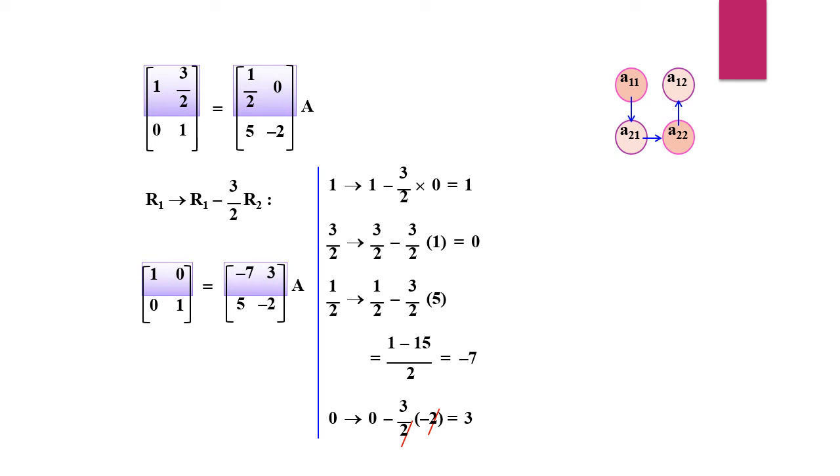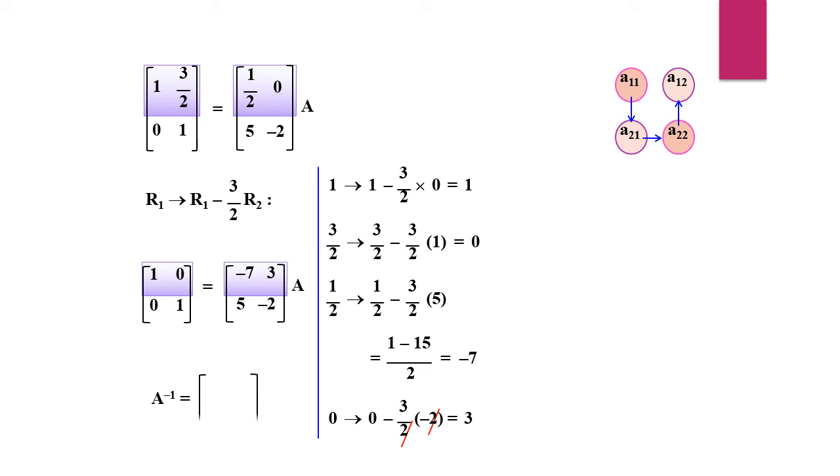So now you can see that after applying the series of row transformations, the matrix A is converted into an identity matrix, and the matrix on the right is of the form minus 7 3 5 and minus 2.